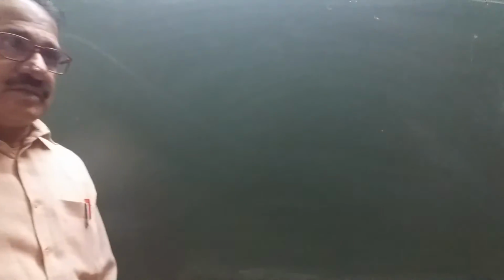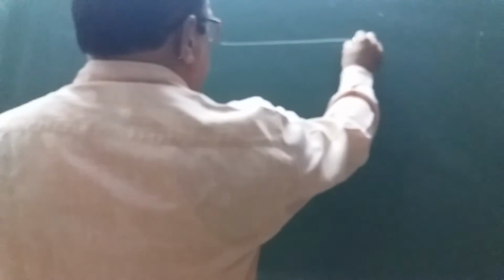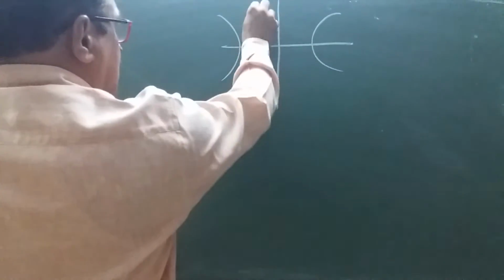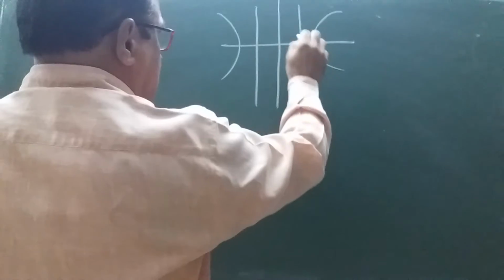Here, now we have to discuss some other things. If there is a hyperbola like this, its center is this, and the directrices are like this.